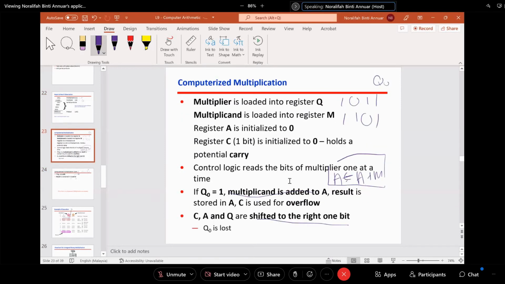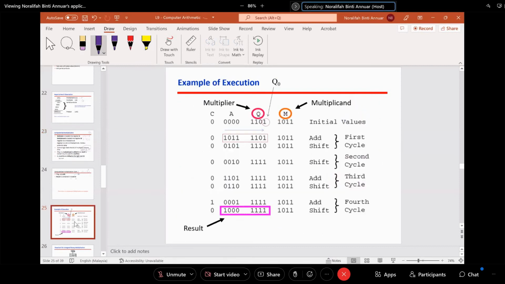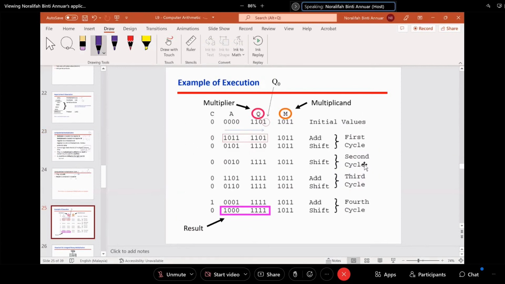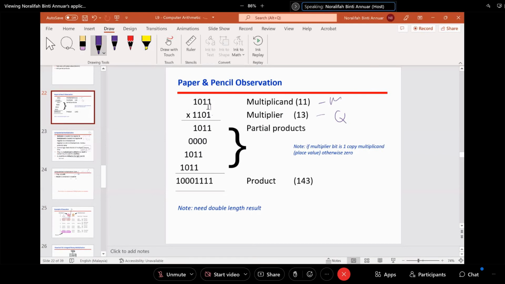It's very easy actually. While I'm explaining this using slide number 25, I want you to refer to your note slide number 23 and 24. This is the multiplier and multiplicand. We have 4 registers: C, A, Q, and M. What was Q? Q is 1101. The multiplicand is 1011.